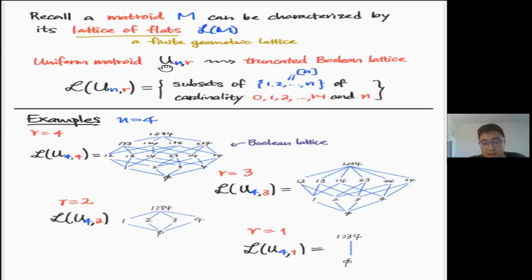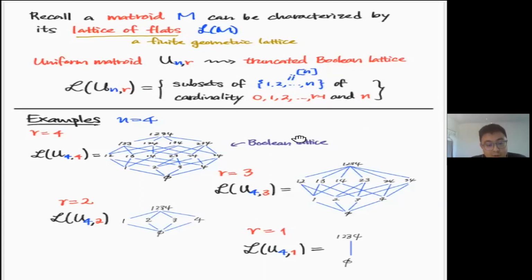The lattice associated to them is called the truncated Boolean lattice. This lattice consists of subsets of 1 through n of cardinality 0, 1, up to r minus 1, and then jumps to n.